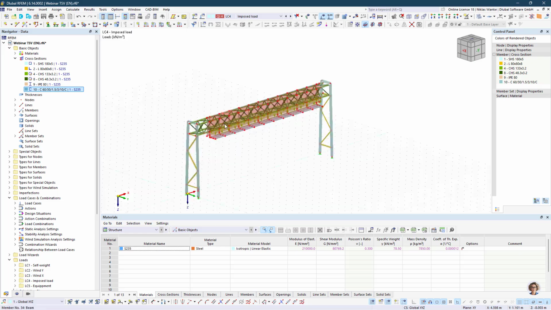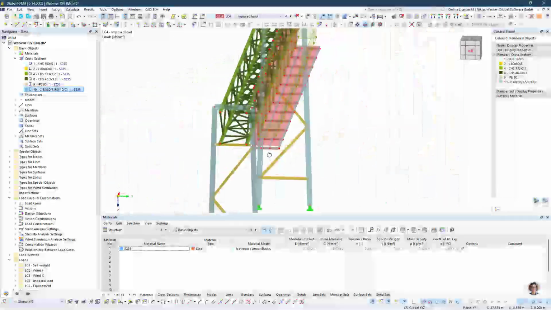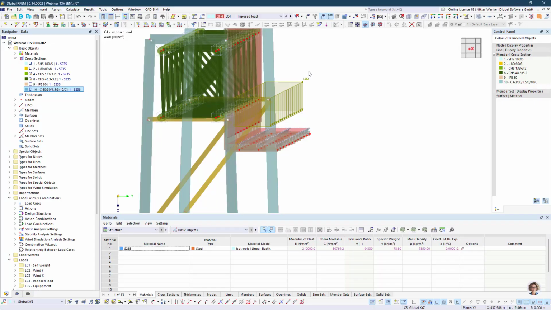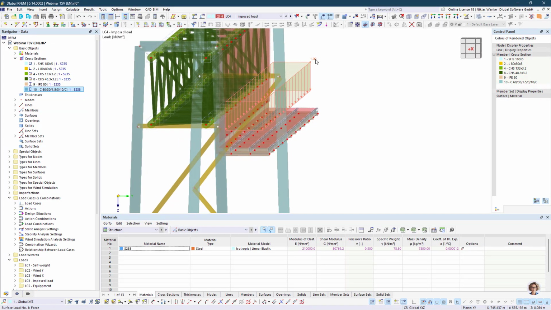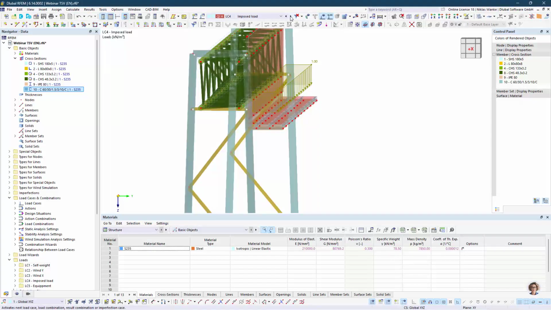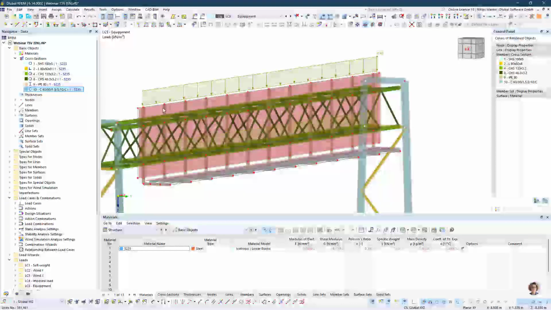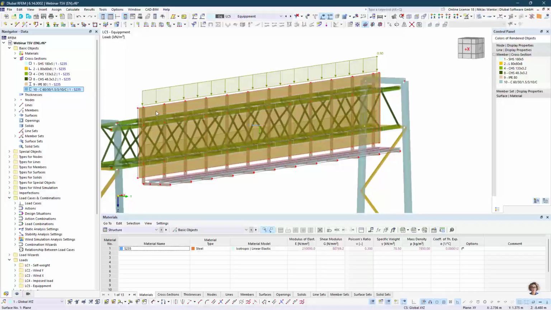Then we have our imposed load by people standing on this platform. I assume this load with 1 kilonewton per square meter in vertical direction. And last but not least, we have the equipment load, which is a vertical load on this load transfer surface here. And here I assumed a surface load of 0.5 kilonewton per square meter.